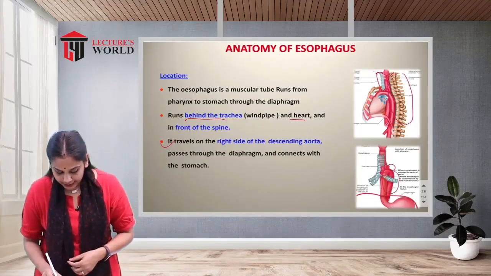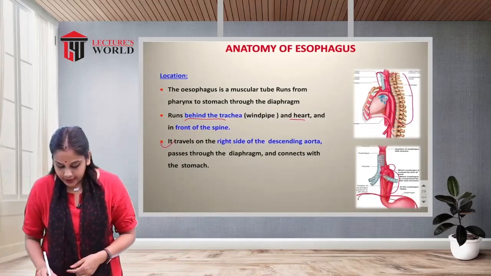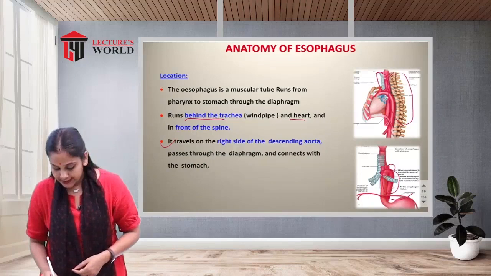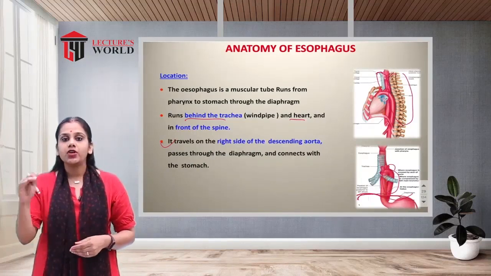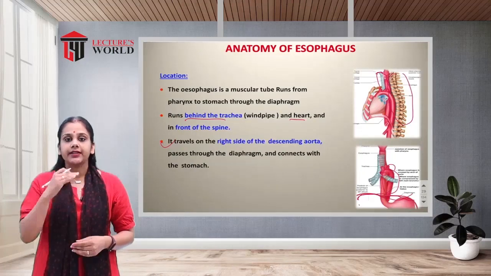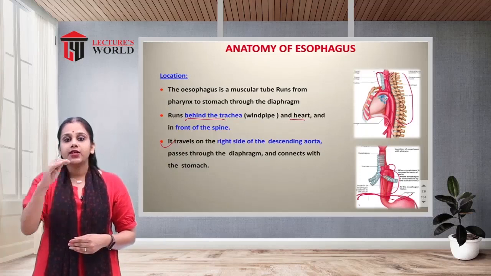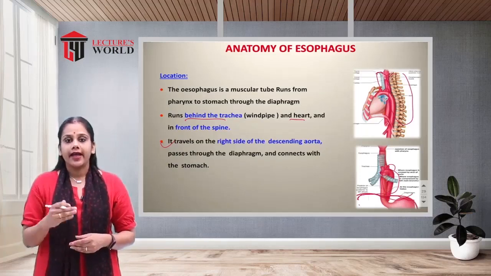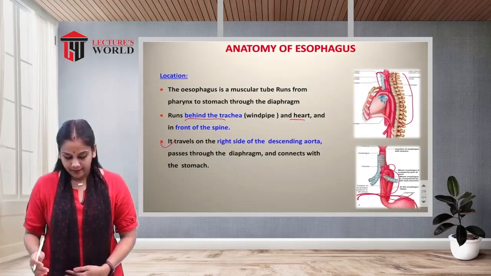You can see this is the diaphragm. What is the diaphragm? The diaphragm is a muscular layer that separates the abdomen from the chest. It is located between the chest and the abdomen.